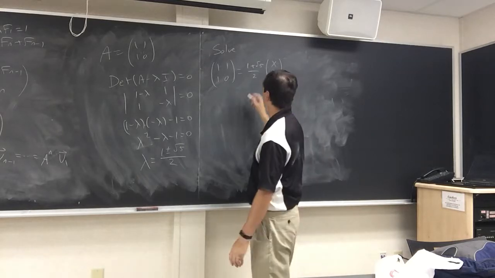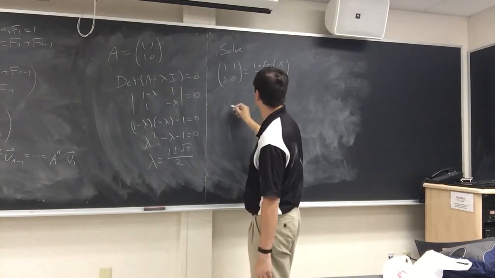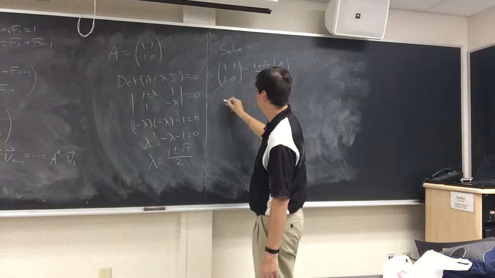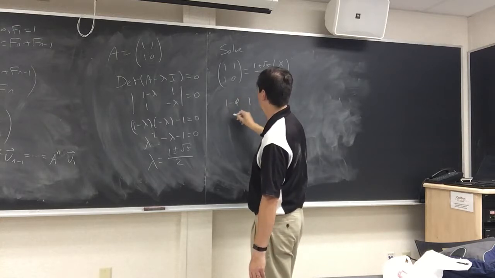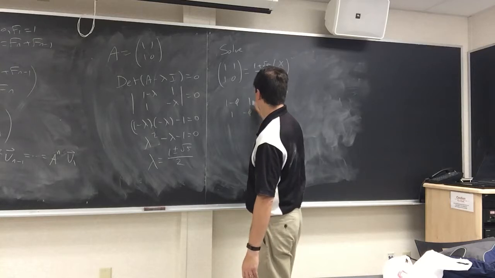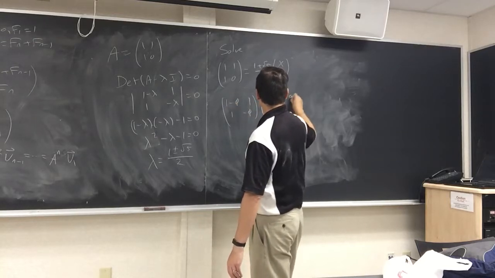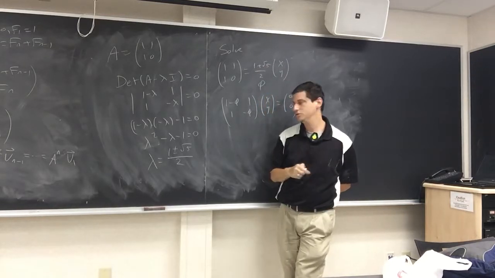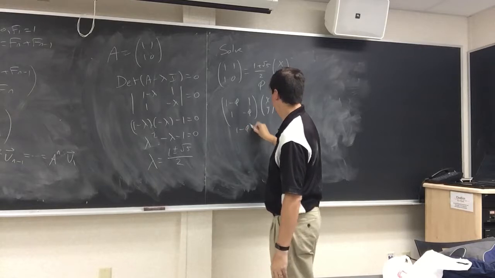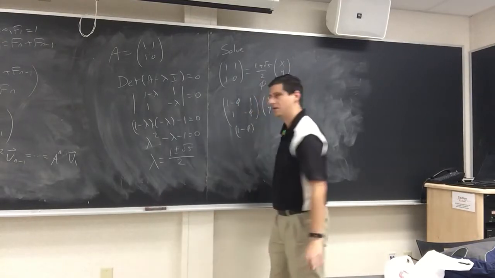Or equivalently, if we call this the golden mean phi, we get 1 minus phi, 1, 1, negative phi, acting on xy equals 0, 0. So the question is, what's the best way to do the algebra here?